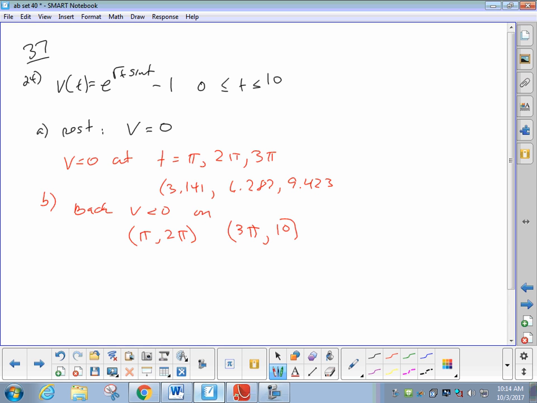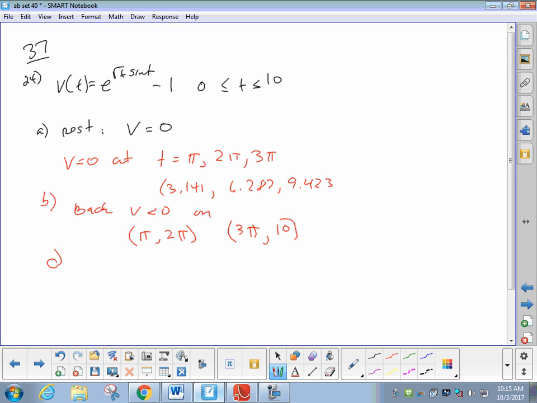Okay. The average. Okay. So this is actually a typo here. Average velocity. That's your honors. Did you guys do average value of a function last year? Yeah. Okay. So you might have been able to do this if you're a Calc honors person, but otherwise, it's probably not doable.